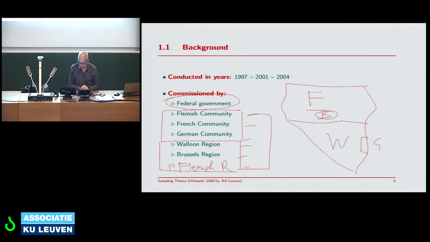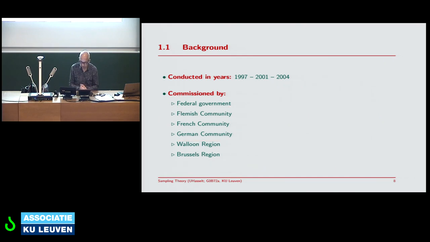Yeah, it's getting so confusing that we're not going to spend too much time on that. It's also not relevant for us because, one, there are all these governments, and if they sponsor, because that's what they do, if they sponsor the Belgian Health Interview Survey, they want something in return. As I said, a report, results. But at the same time, we need to come up with a workable solution so that we can actually get subsamples.